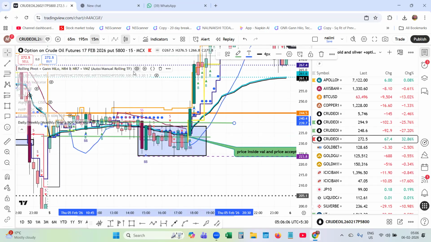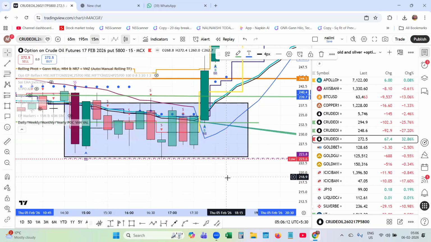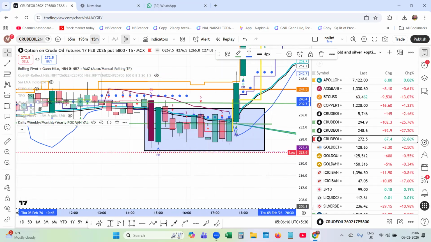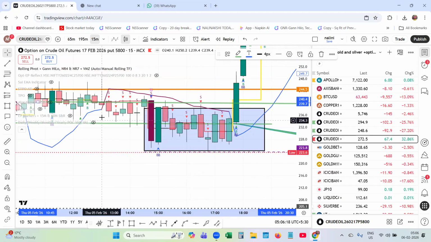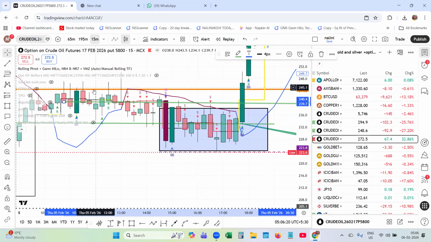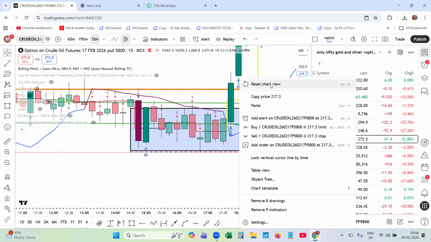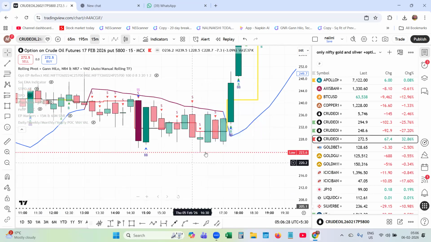And if I enable the rolling pivot, the same type of observation you need to see over here. Let me hide this weekly market memory POC and show you with the rolling pivot. I'll remove this drawing.